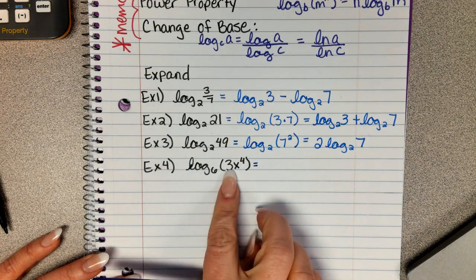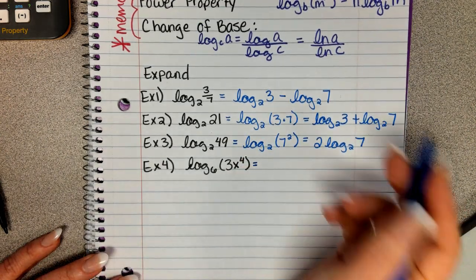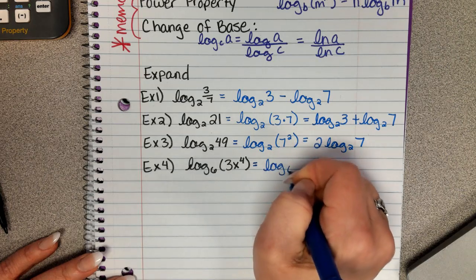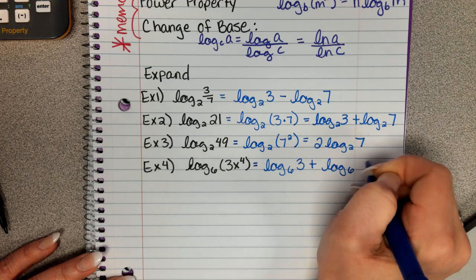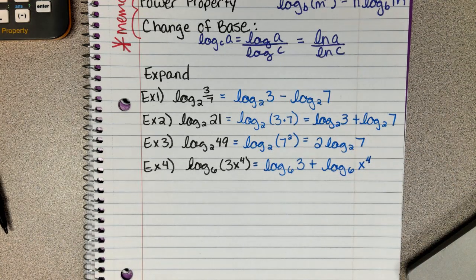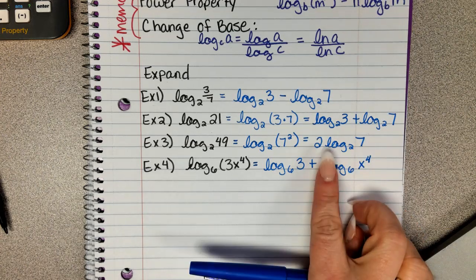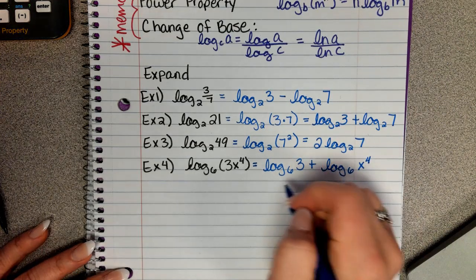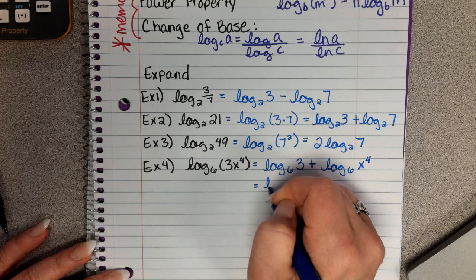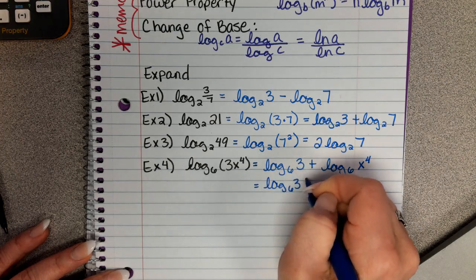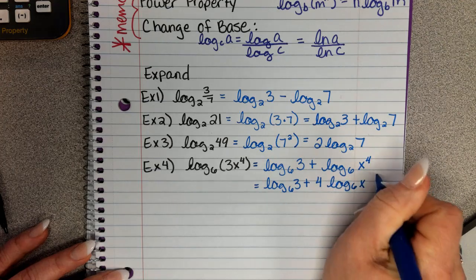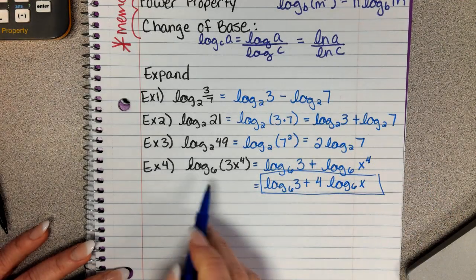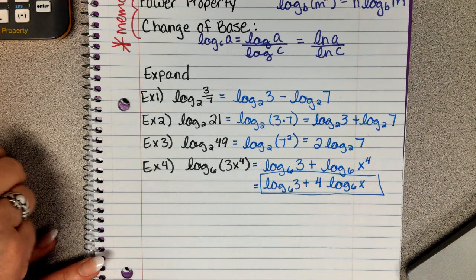This is multiplication, 3 times x to the 4th, and I know multiplication can be turned into the addition of two logarithms. I also know that this exponent can be the coefficient. So that is equal to log base 6 of 3 plus 4 log base 6 of x. That is the expansion of this single logarithm into two logarithms.